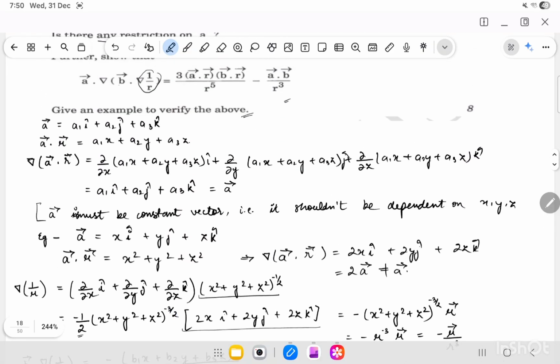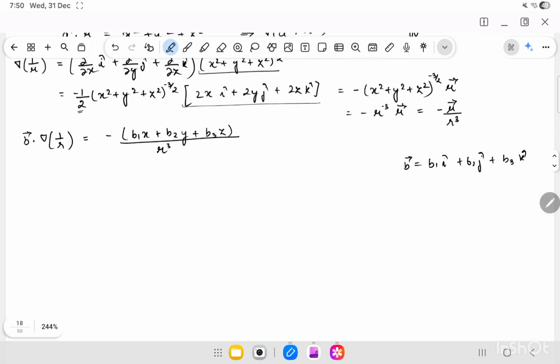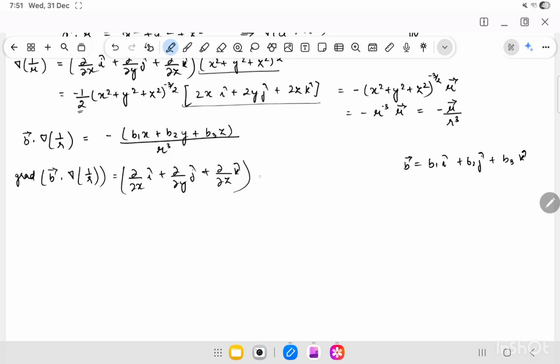Now again we need to evaluate the gradient of this term, so it will be equal to grad of (b vector dot grad 1 by r), which will be equal to del by del x i cap plus del by del y j cap plus del by del z k cap times, I am writing this minus here, (b1 x plus b2 y plus b3 z) divided by (x square plus y square plus z square) raised to 3 by 2.